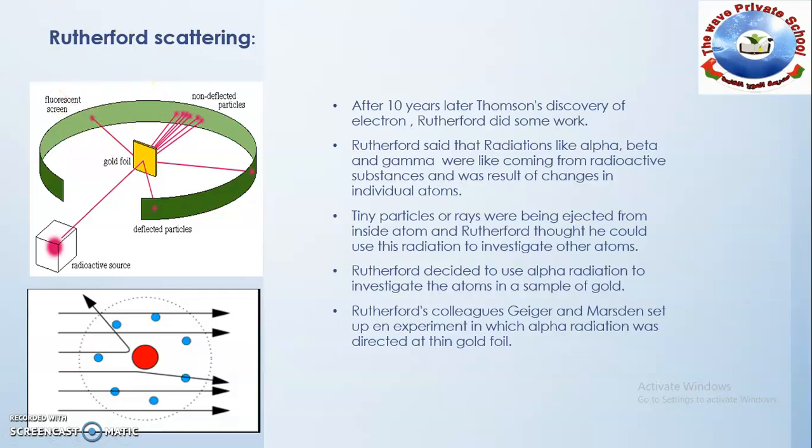But when they directed the alpha particles to the foil, they found that most of the alpha particles passed straight through the gold foil, but some of them were deflected. Some passed straight and some were deflected, and some were scattered in their direction.